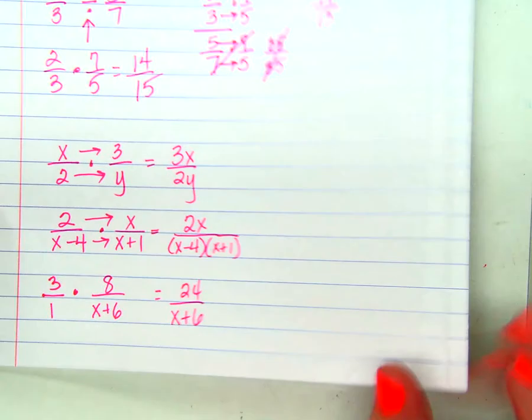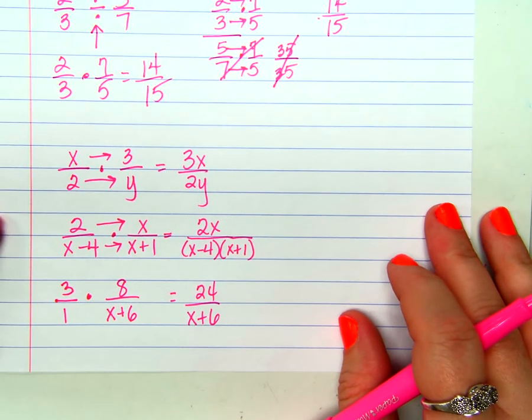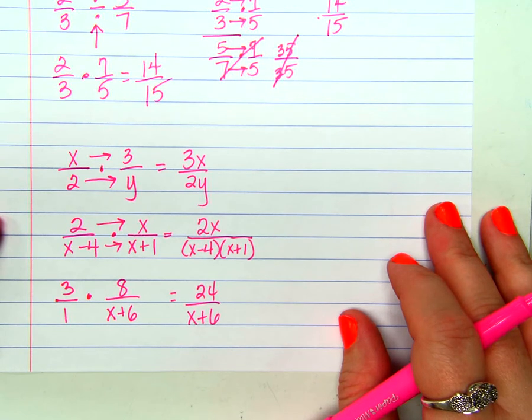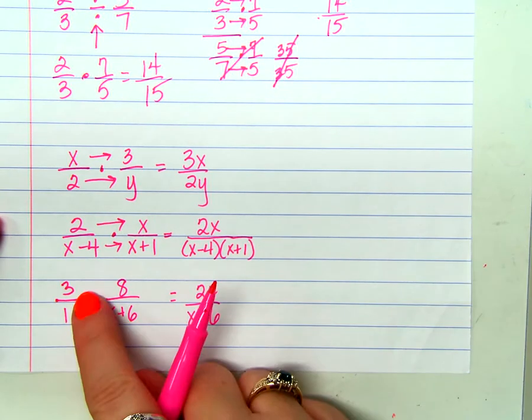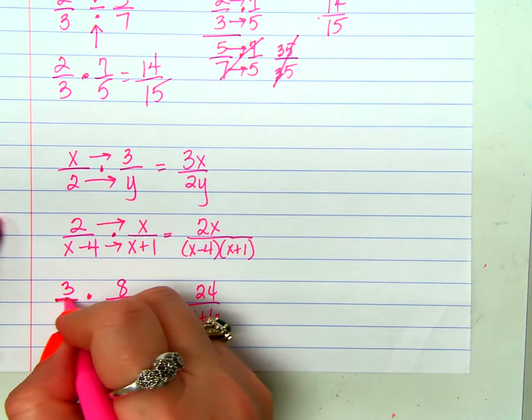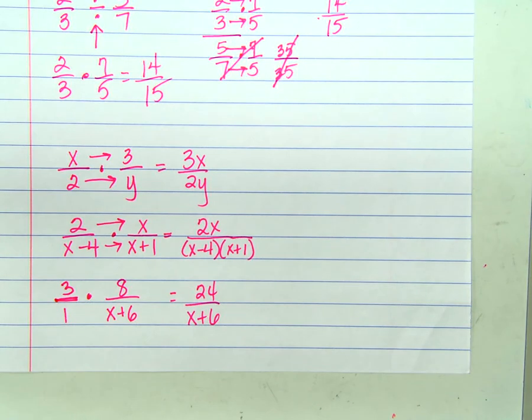What about this? What? No, it was just a 3. And then I started to draw the division line. No. Nope. 0.3 is not the same as 3 over 1. Good catch. Okay.